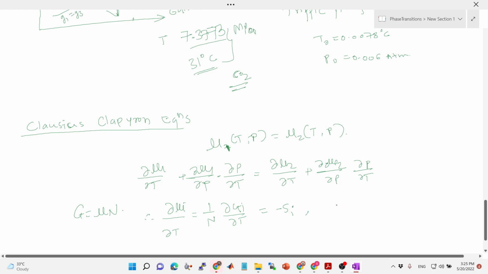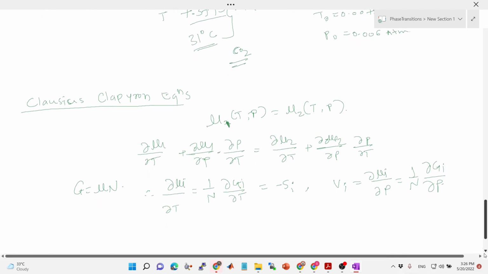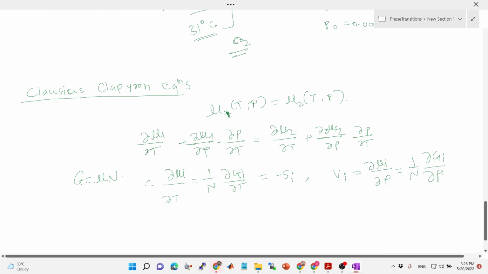Same thing, the V1 or Vi will be equal to delta mu i upon delta P, or it can be written as 1 by n delta G i upon delta P. Okay, let us substitute that this is S1, and this is V1.